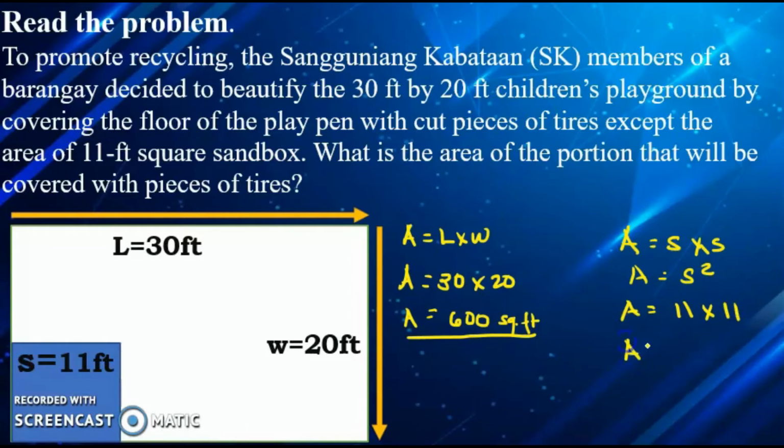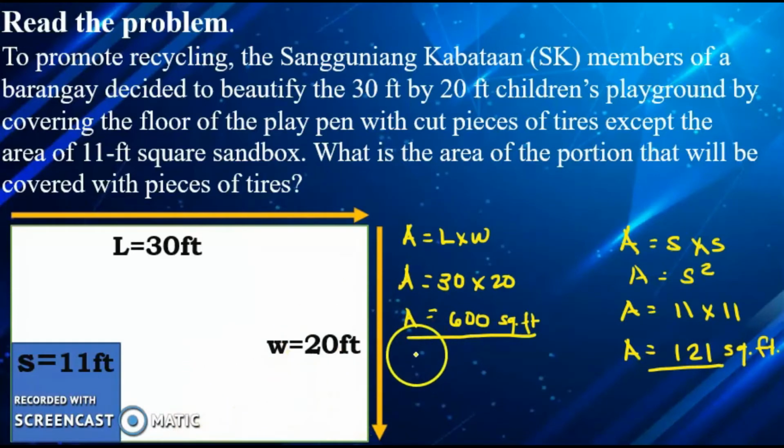So, area is equal to 11 times 11 is 121 square feet. So, ito yung total area ng sandbox. Okay? So, next step is, susubtract natin yung total area ng playground minus yung area ng sandbox.